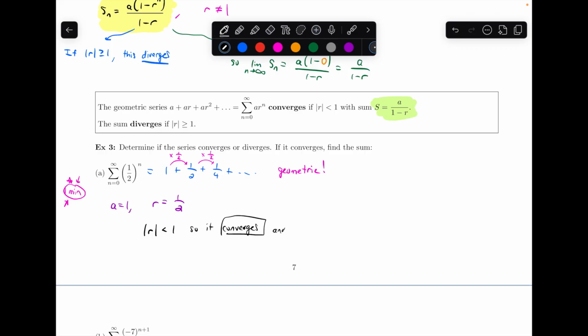And its sum is going to be given by my formula a over 1 minus r. So the a is 1, and then over 1 minus r, which is 1/2. This simplifies to 1 over 1/2. And that's 2. That is 2 right there.